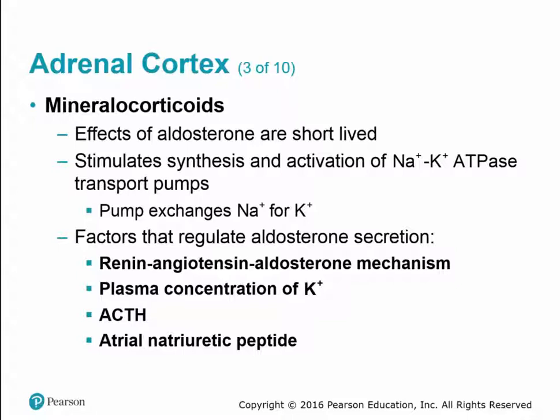Also ACTH, the adrenocorticotropic hormone from the pituitary, a tropic hormone, stimulates aldosterone secretion. Another is atrial natriuretic peptide, which is antagonistic to aldosterone. Instead of stimulating sodium reabsorption, it stimulates sodium secretion.